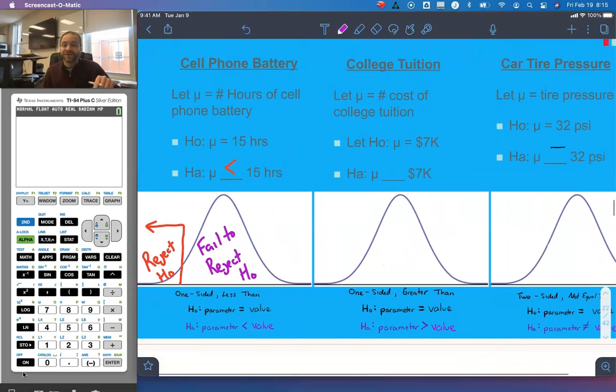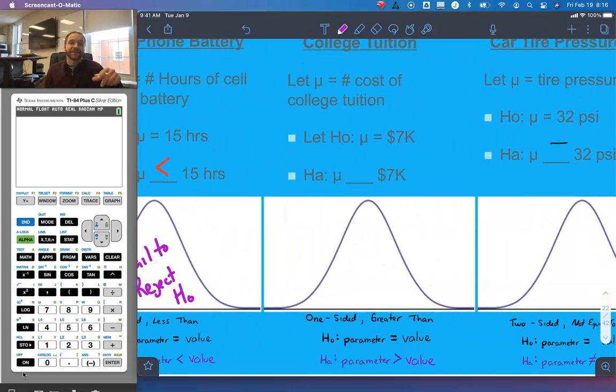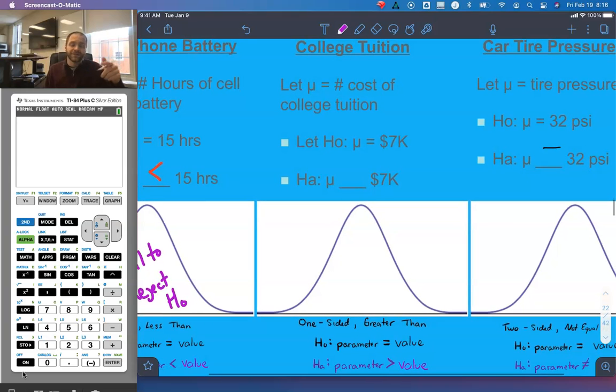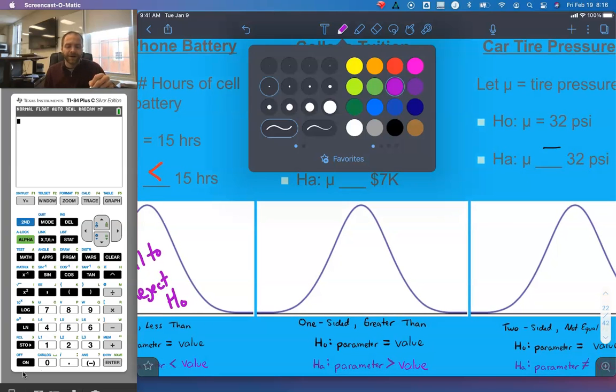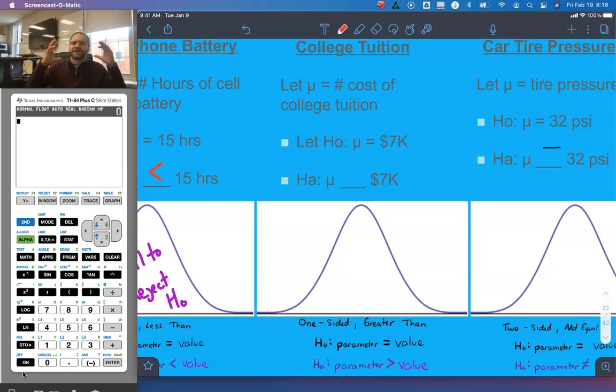This next one looks at college tuition. Let's say the college tells you, hey, your college tuition on average after scholarships for our people is $7,000. You're like, awesome. But when would you be mad? Well, you'd be mad if it turns out you're paying $15,000, $25,000, $30,000. So this is a one-sided greater than significance test, because if what you see is over in this area, you're going to be mad about it.